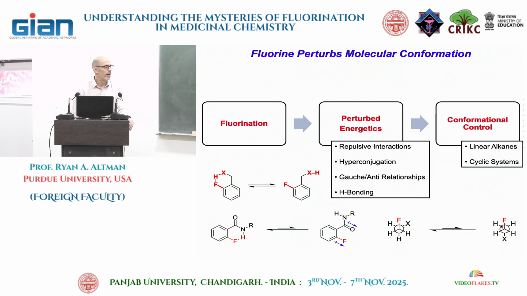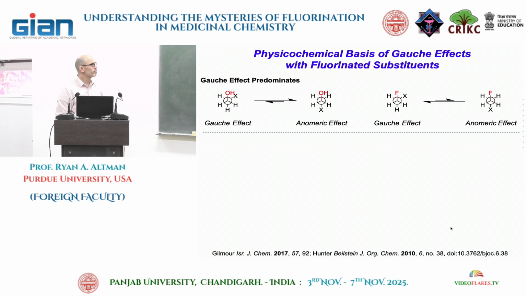And we're going to start right away with that final topic that I just mentioned, looking at C sp3 bonds. So fluorine can control conformations, and specifically, we need to draw an analogy to, first, I want to reintroduce an area that you all are likely more familiar with, and that's like if you had an oxygen there, and then we'll compare it to what happens with fluorine in the second step. Okay.